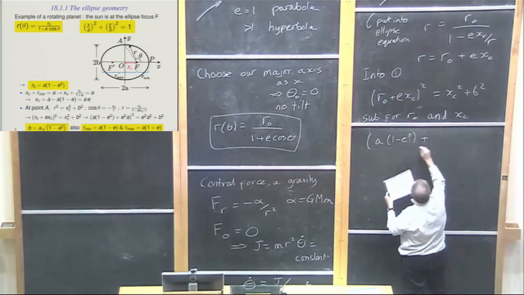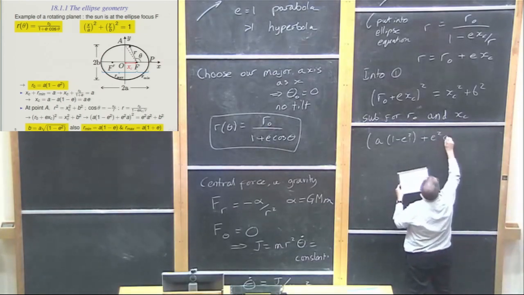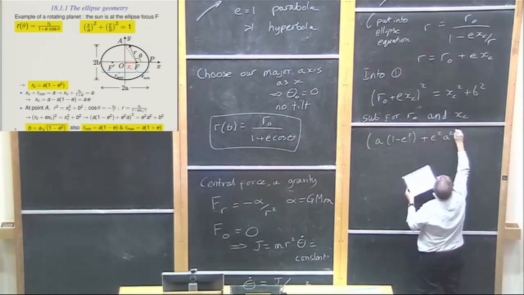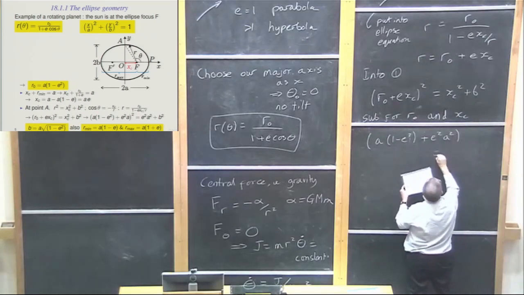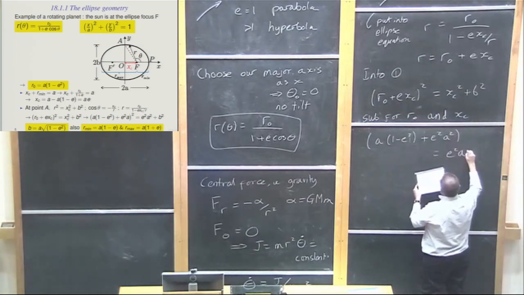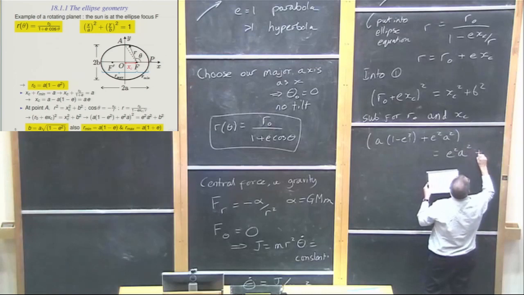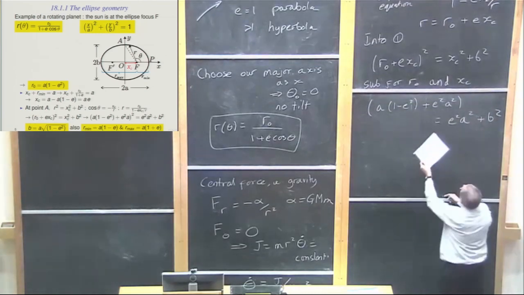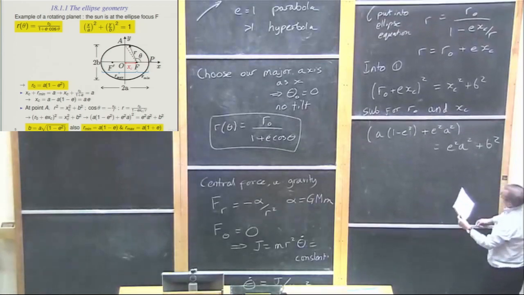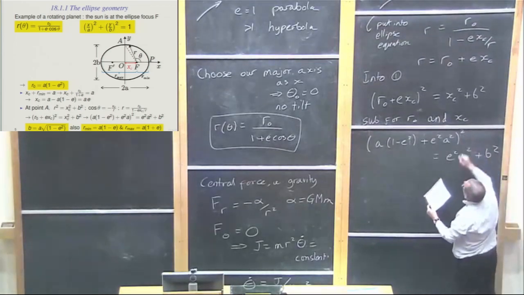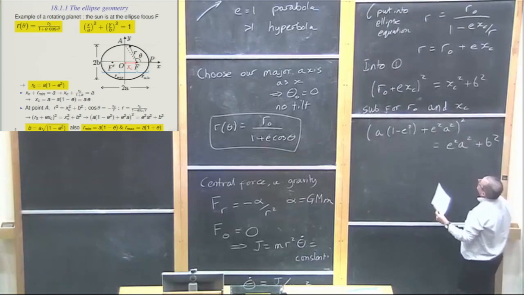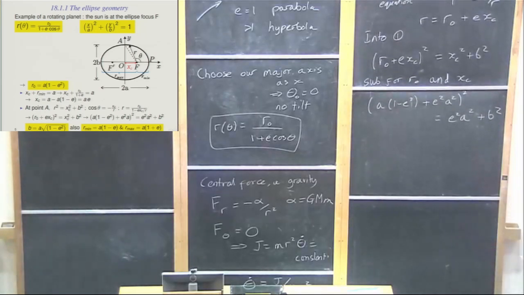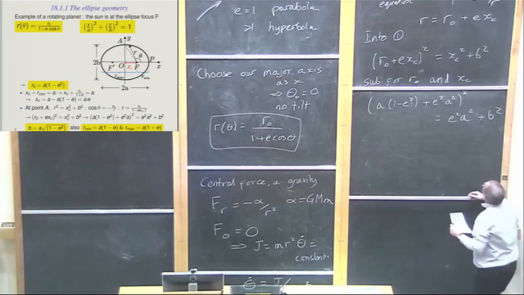So we have, this gives me e squared a squared, and then the right-hand side will be e squared a squared plus b squared. Right, so this nonsense is almost at an end. We now have to, there's a squared here. Just a minute. There's a last a, yes, this is right.